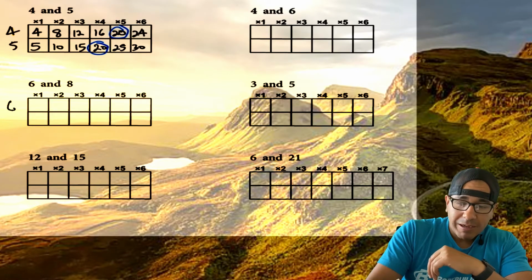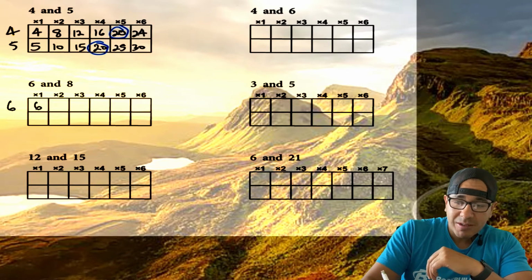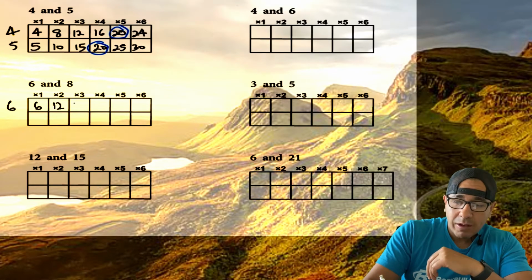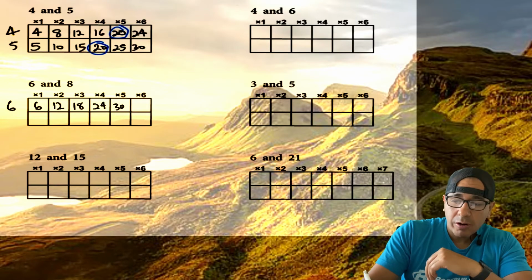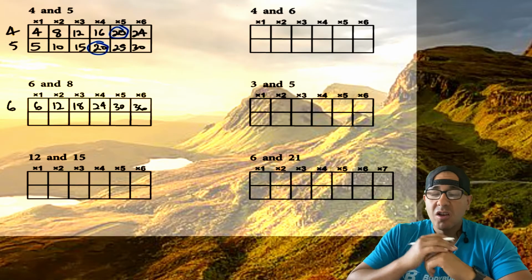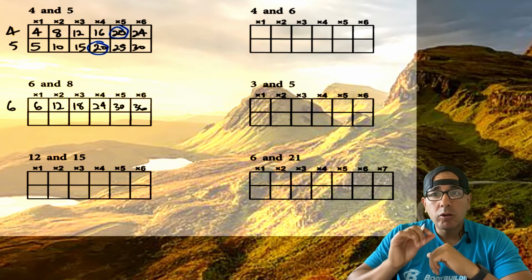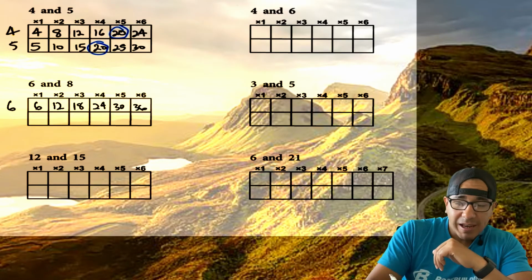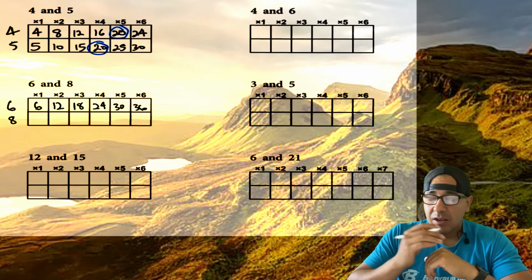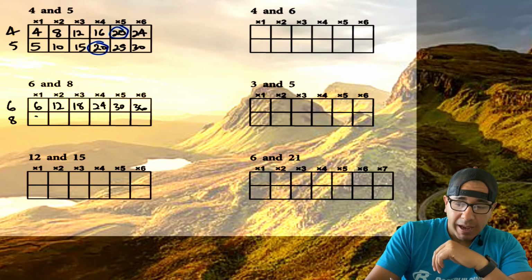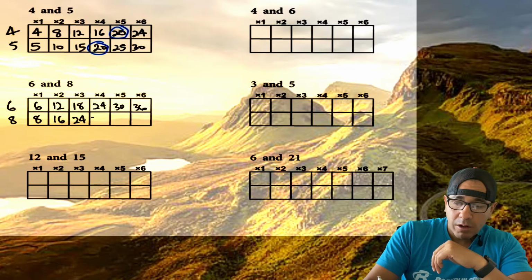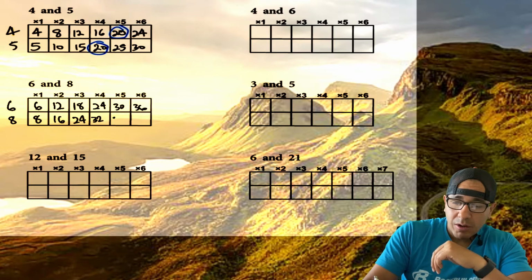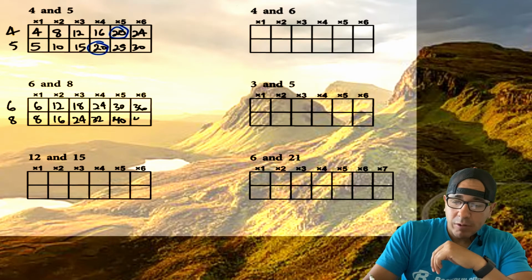I'm going to have my list of 6's: 6, 12, 18, 24, 30, and 36. Each one of those is a multiple of 6. Then I need the multiples of 8: 8, 16, 24, 32, 40, and 48.